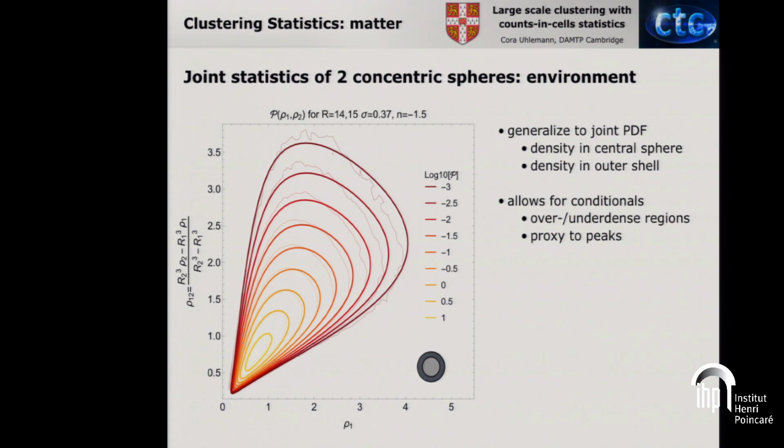And you can also predict those statistics because, again, you take your Gaussian initial conditions and you map with spherical collapse. And you do a lot of theoretical tricks to evaluate this. And this is quite nice because doing these concentric spheres allows you to prior on certain environments. For example, I could ask, what is the probability of finding a certain density if I already know I'm sitting in an overdense or underdense environment, which is kind of nice.